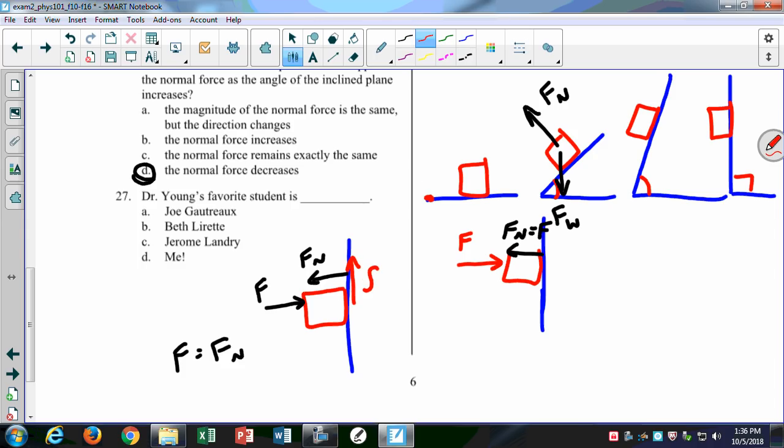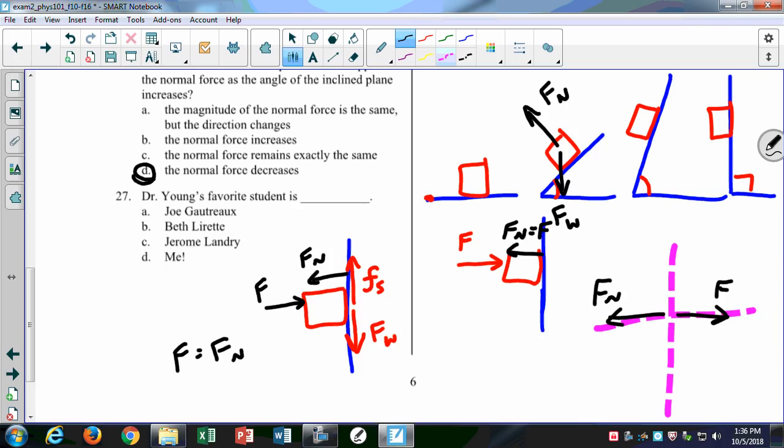So this is Fs and Fw is in that direction. If I draw it on a coordinate system, I'll have F in this direction, Fn in this direction, Fs in that direction, and Fw in that direction.